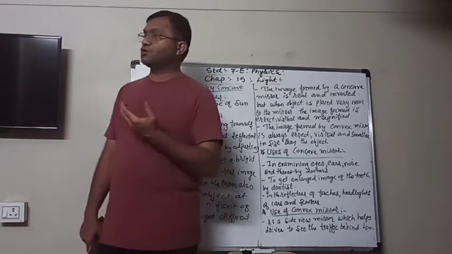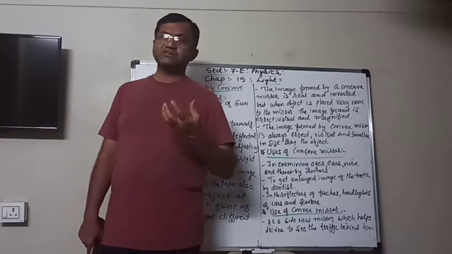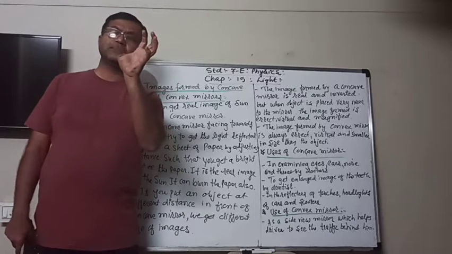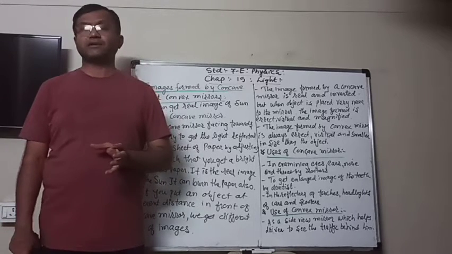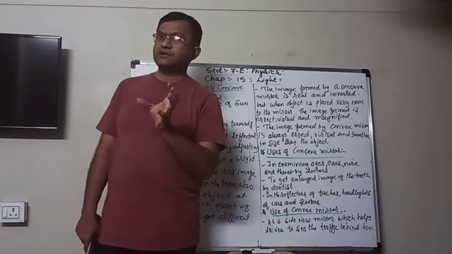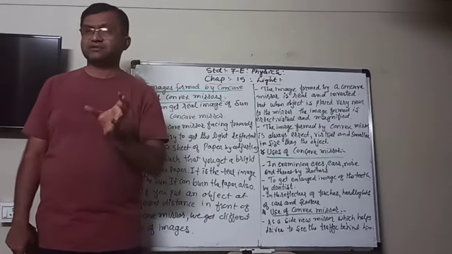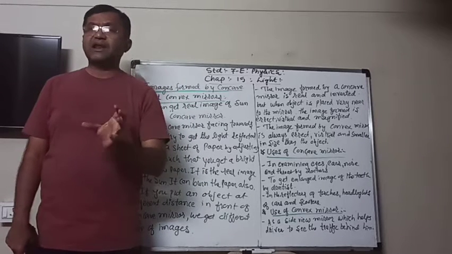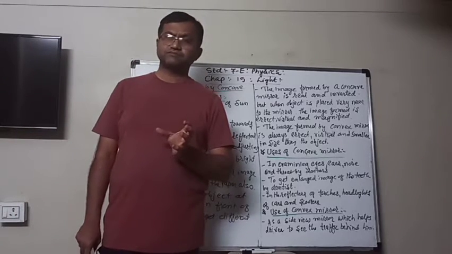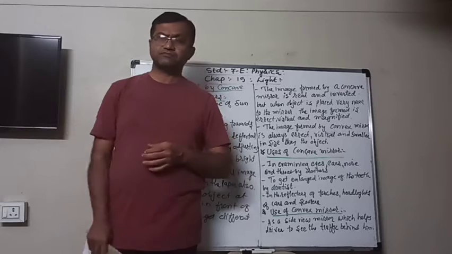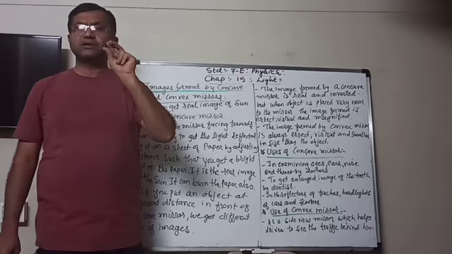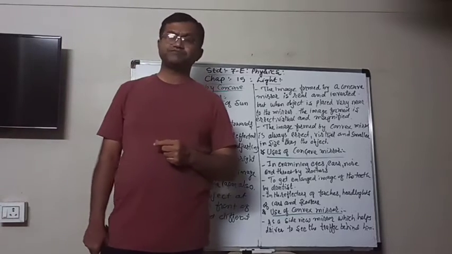For that, you have to go outside when the sun is in the sky and hold a concave mirror facing the sun and try to reflect the light on the piece of paper, sheet of paper, by adjusting the distance until you get a bright spot on the piece of paper.